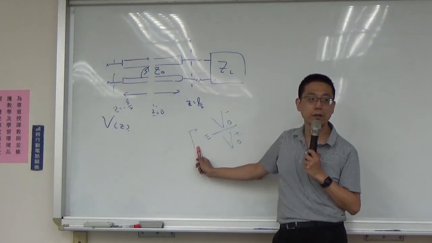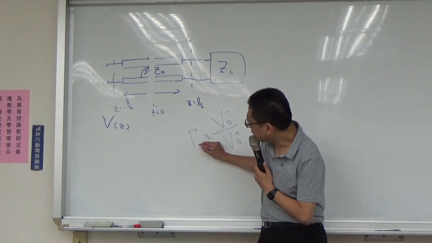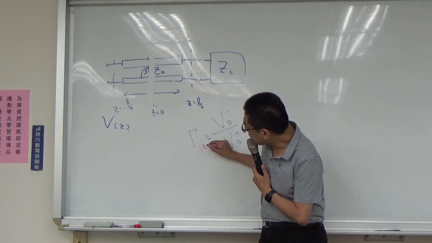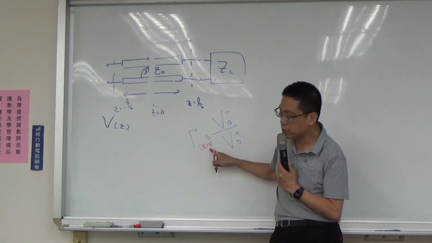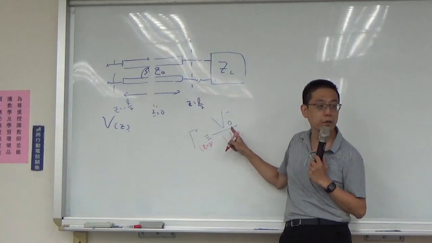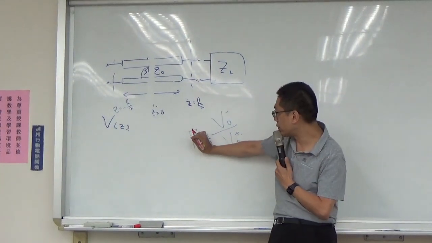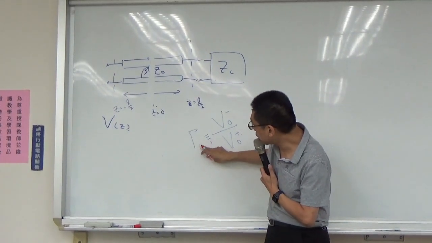Actually, as I said, I can write Z equals 0, or I can just get rid of Z equals. This is a function of z.